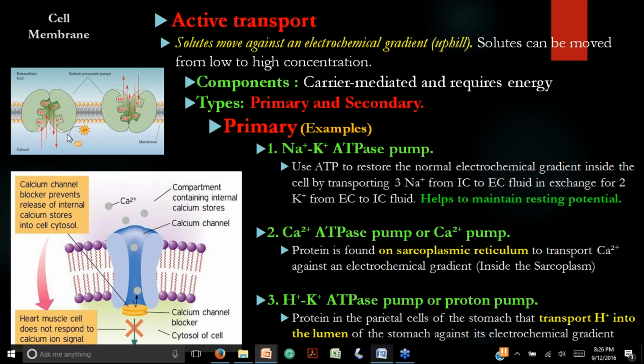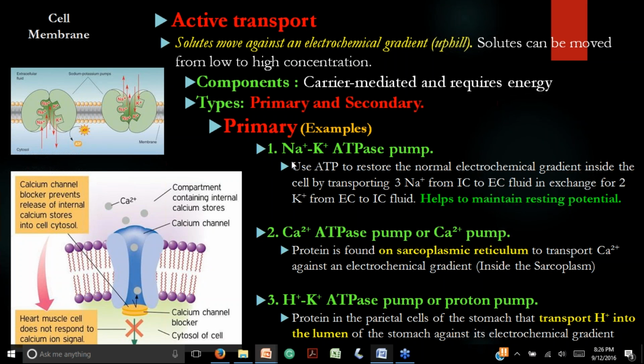When ATP gives one phosphate to the protein, that is called phosphorylation, and that is going to allow the opening and closing of the facilitated diffusion activity.